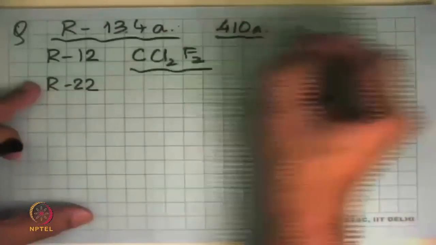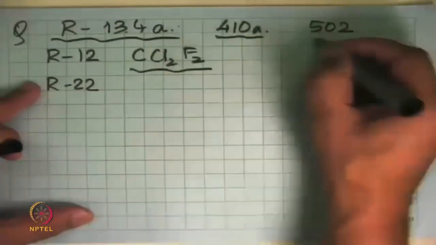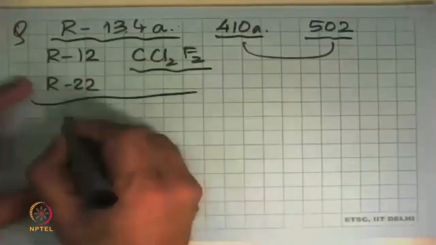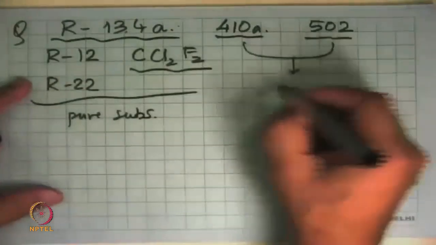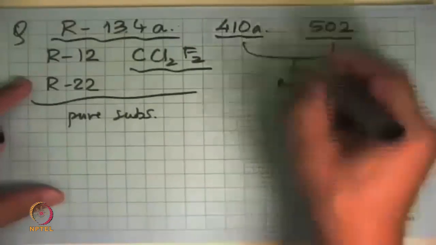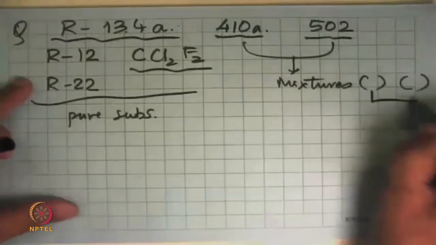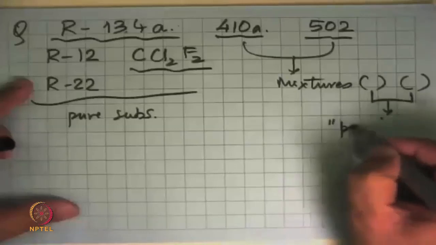Okay, the 400 and 500 series like R500 or R502, these are slightly different from these because all of these are pure substances, whereas these are mixtures for which we have chosen two different molecules, mixed them in a certain way so that their property is sort of a pure substance.